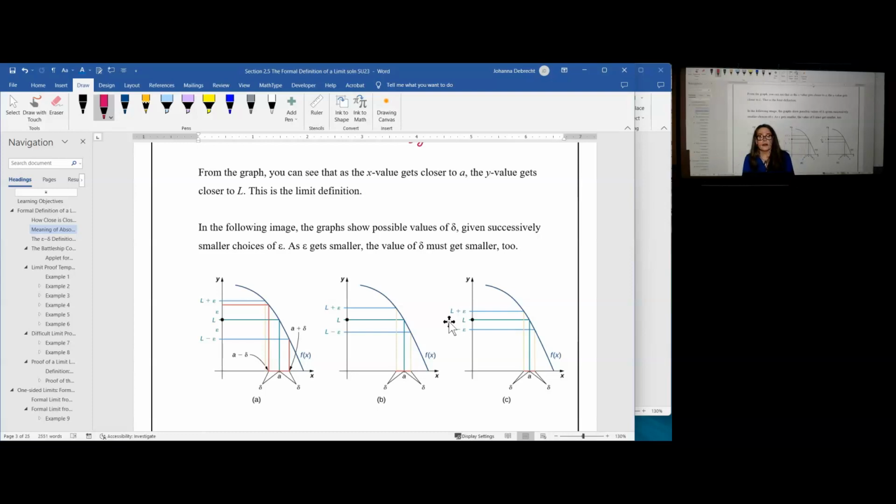Most of the time, however, because it depends on the epsilon we choose, the value of delta depends on epsilon. So most of the time, we choose a number for epsilon, and delta becomes a multiple of epsilon, or the square root of epsilon, or epsilon squared. In other words, it could be half of epsilon, double epsilon, epsilon squared, square root of epsilon divided by 4, something like that.